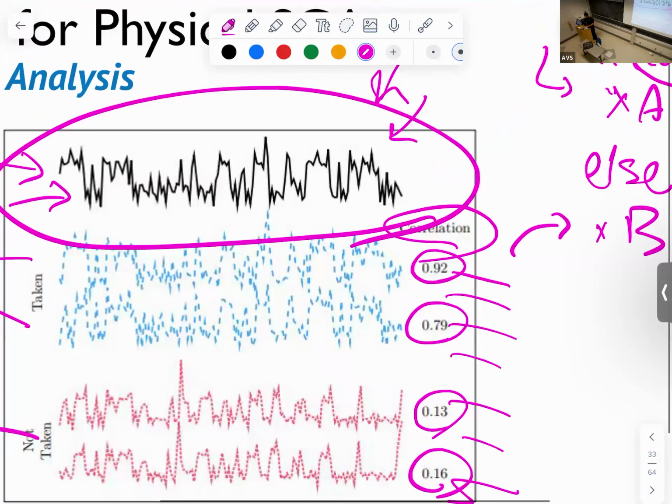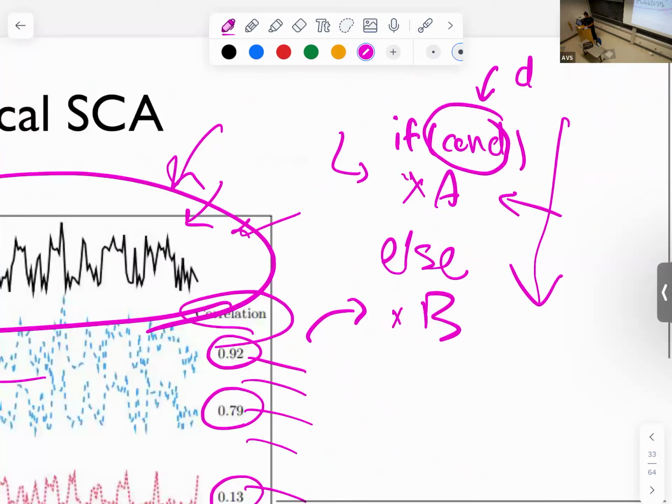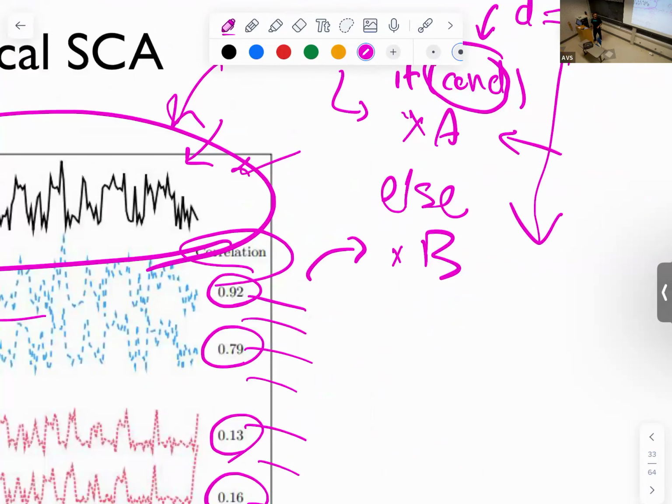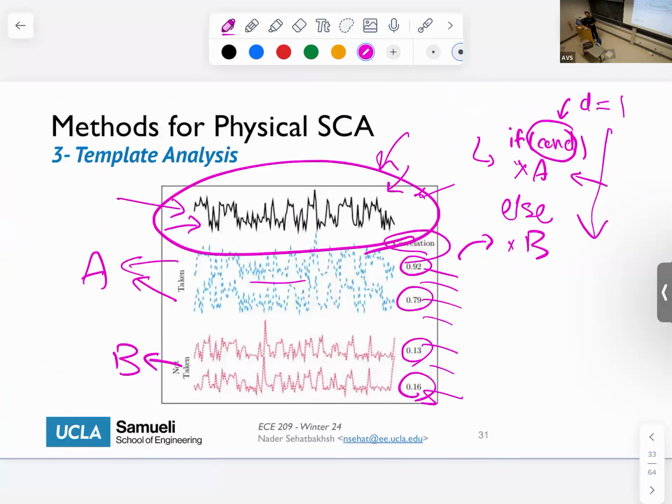This means it's very likely that this signal is coming from a taken branch, in other words, D is equal to 1. As I said, this is not guaranteed. It's not 100% correct, but most of the time it's correct, so most of the time you know what your D is. As simple as that. And that's basically the idea of template analysis.